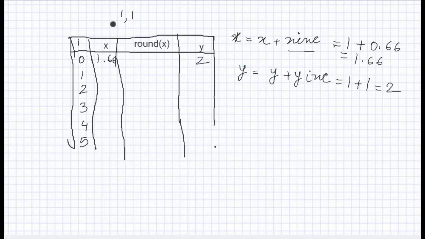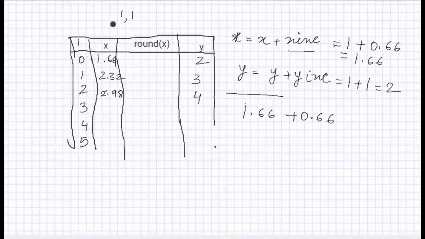And now the value of x, the previous value is 1.66 and again we will add 0.66. So we'll get 2.32. y will be incremented by 1. Then again we will add 0.66 to 2.32. So we will get 2.98 and the value of y will be 4.